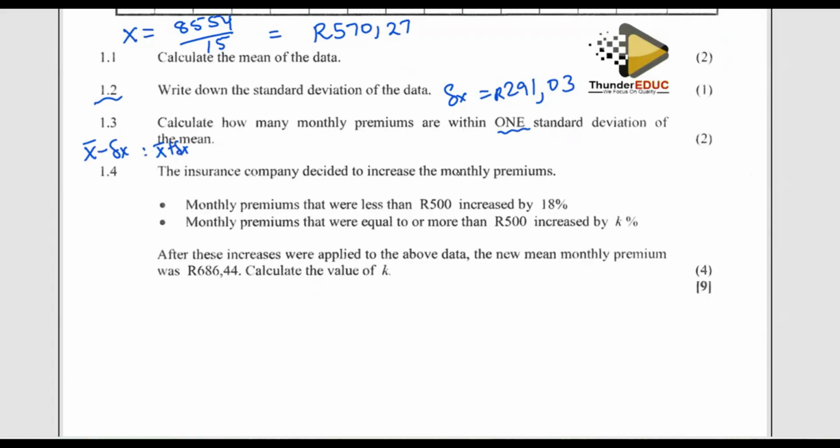So the mean, 570.27, minus 291.03 gives a lower limit of 294.24. And 570.27 plus 291.03 gives an upper limit of 861.3. So how many data pieces are within this interval?